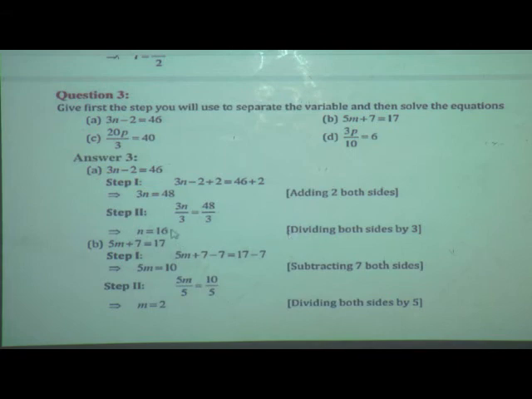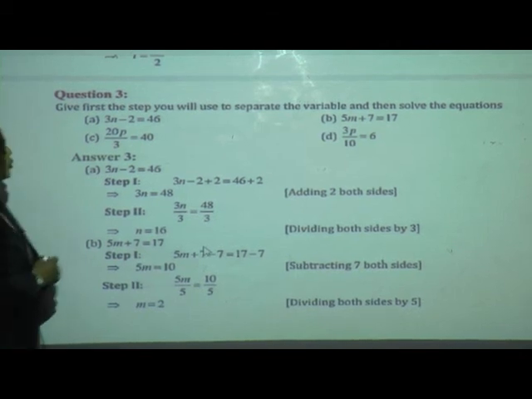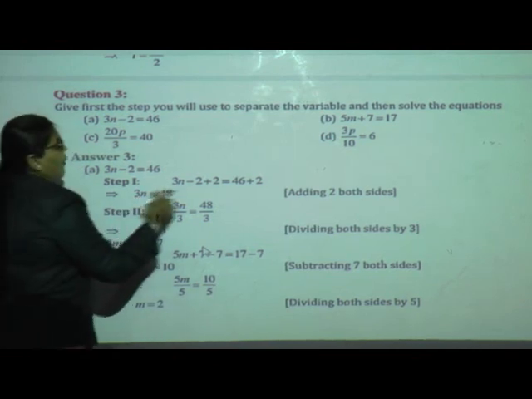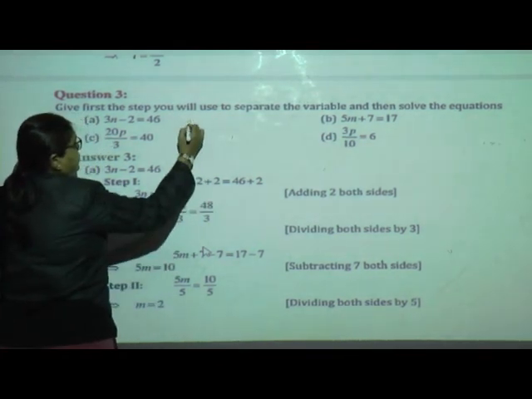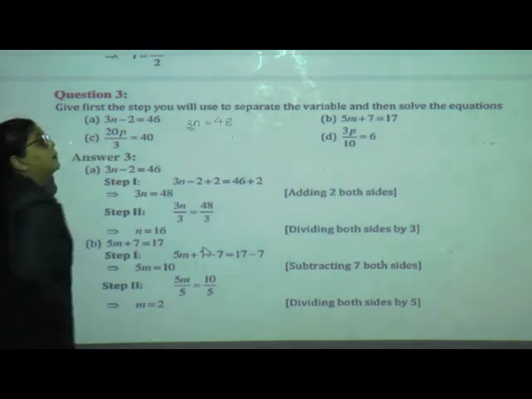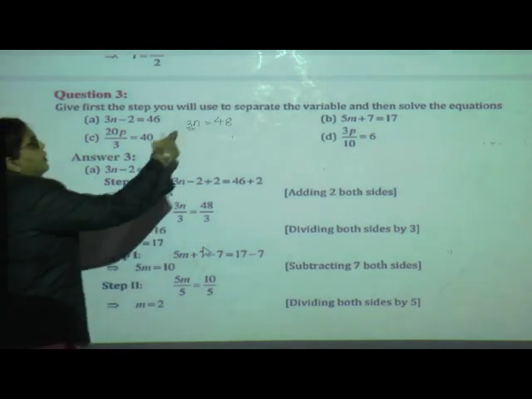You might be thinking that the value of n, when you are solving with two different methods or two different steps, will be different. No, my dear student, both the answers are the same. I will show you. When you have 3n is equal to 48, here we are having a multiplication, so divide.